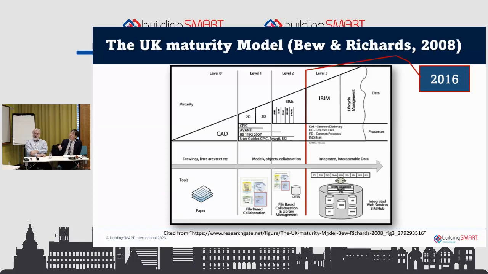So from the border is 2016, and then level 2 and level 3. Now I guess the UK has accomplished this level 2.